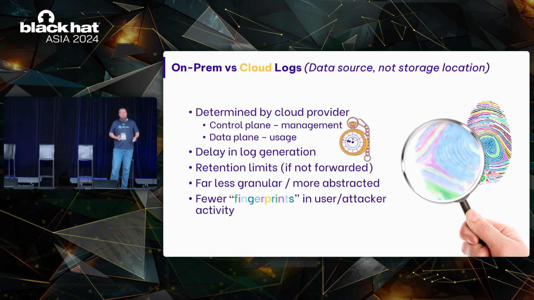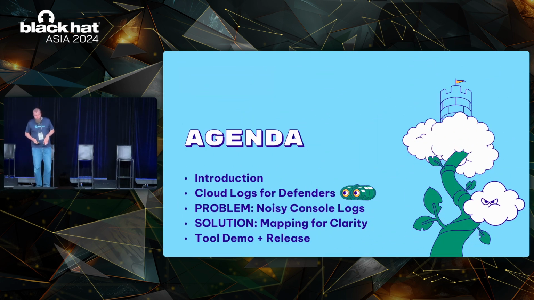Data plane is every time someone requests something from that bucket or uploads something to it. And it's typically not enabled by default just due to volume and cost. There are also different retention limits, which we'll talk about in the next slide. But typically, they're a little less granular because cloud logs are basically a record of an API call. It's not even something that is logging activity on an endpoint or device. It's already abstracted one layer. So finding those fingerprints becomes more about grouping less precise information into a larger aggregate of data.